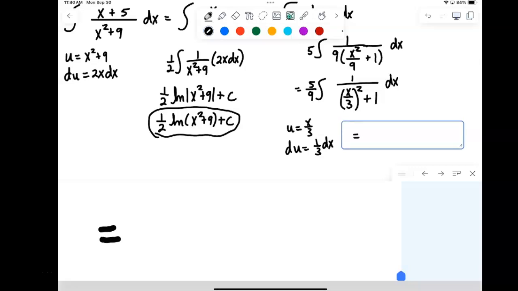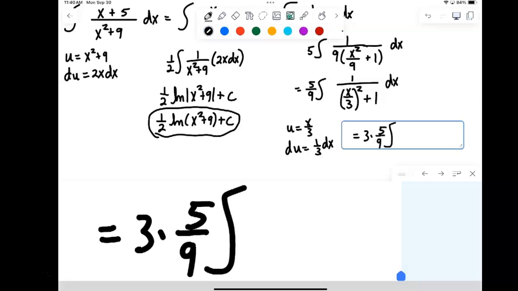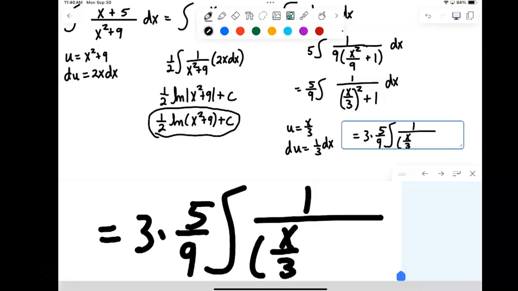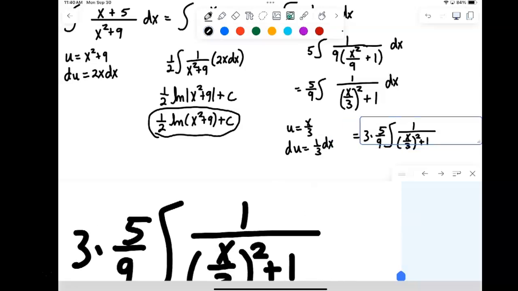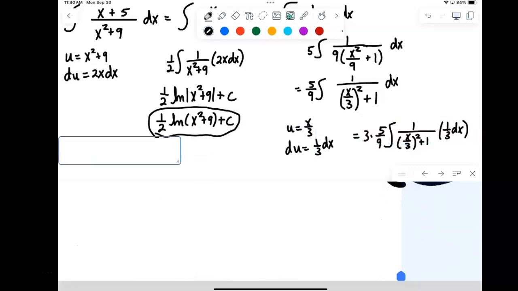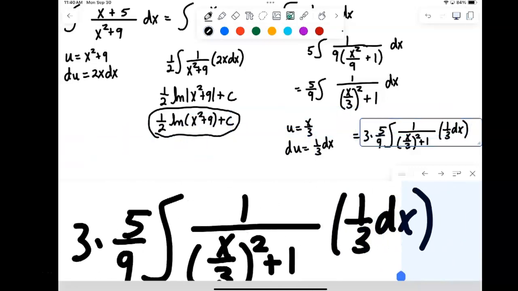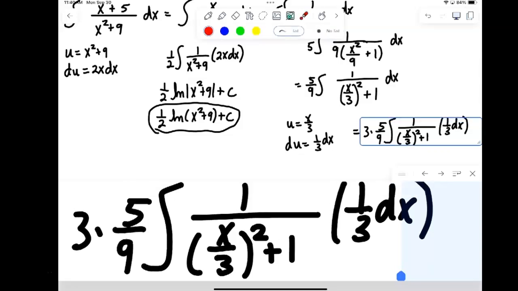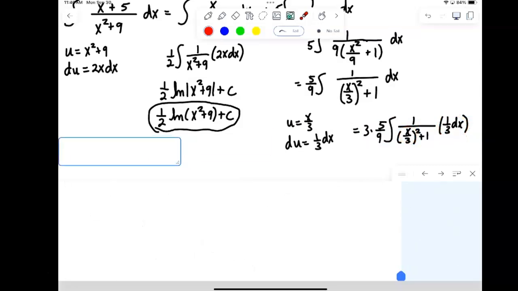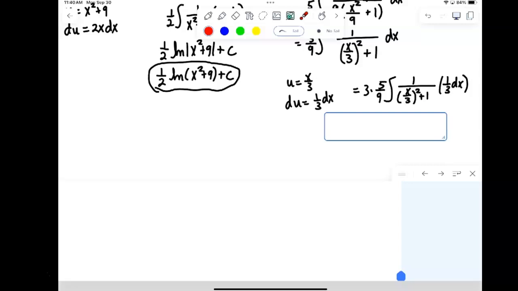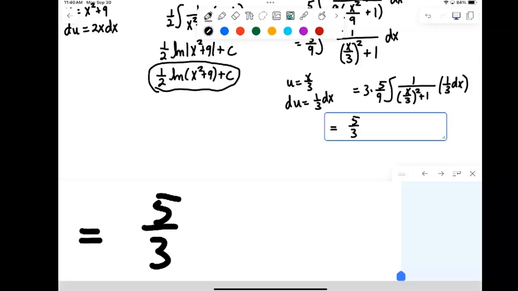So I'm going to have 3 times 5/9 integral 1 over x over 3 quantity squared plus 1 times 1/3 dx. Okay, so everything's set up. Now I have my u and I have my du, so I can make the transition. And of course 3 and the 5/9 cancels to be 5/3.